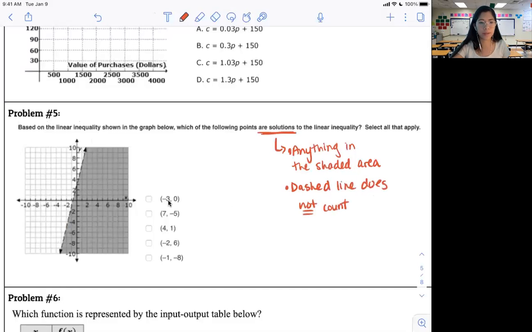Now let's check it out. -3, 0, in or out? Good, out. Yeah, that one's here. 7, -5, in or out? In. That one's in, yeah. 7, -5, down here.